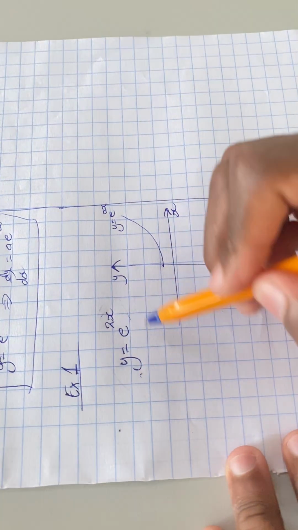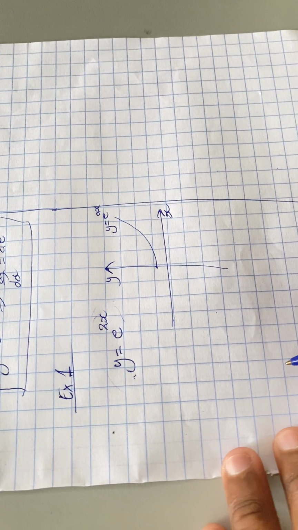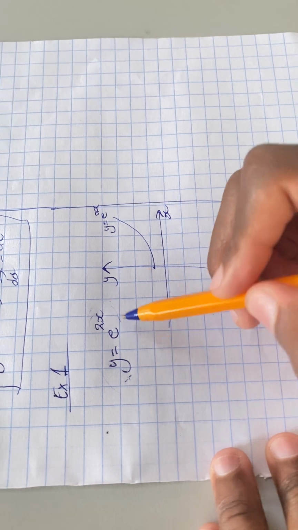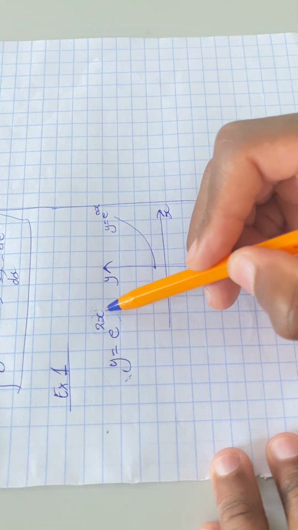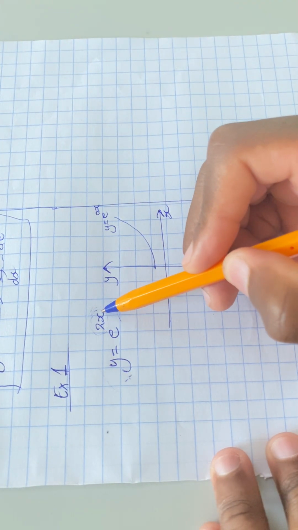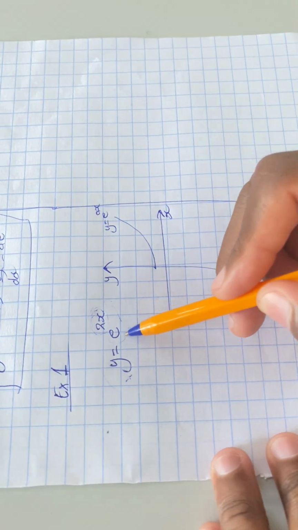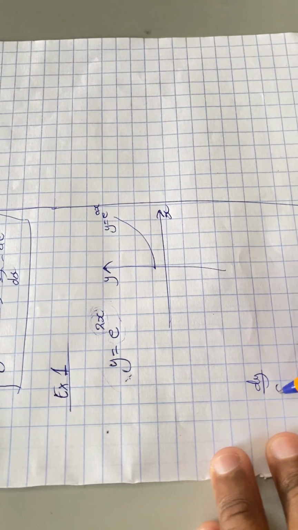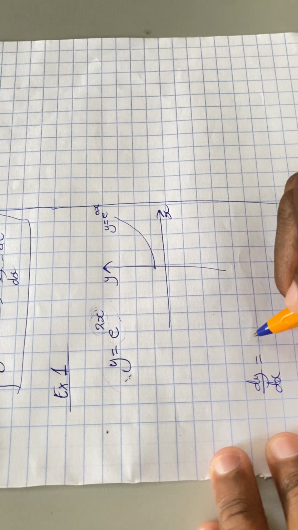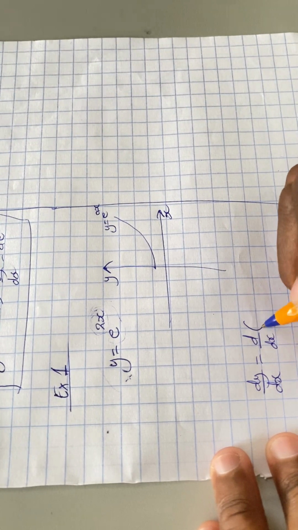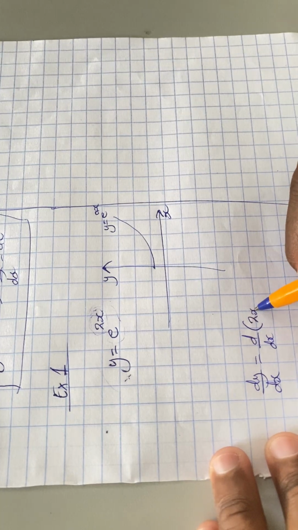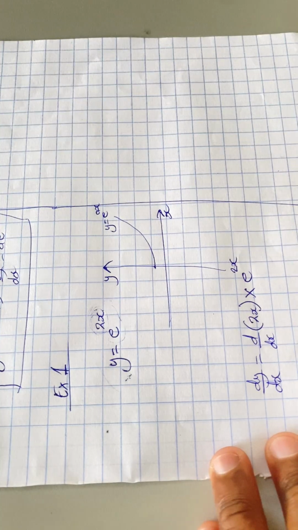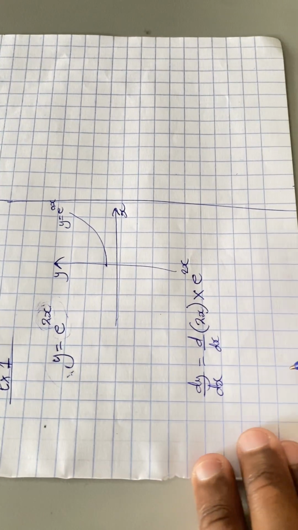So now we are finding the first derivative of this function, isn't it? Remember, for the first derivative of this function, we are going to find the derivative of 2x, which is the power, multiplied by the entire function itself. So dy dx is going to be the first derivative of the power multiplied by the function itself, right?